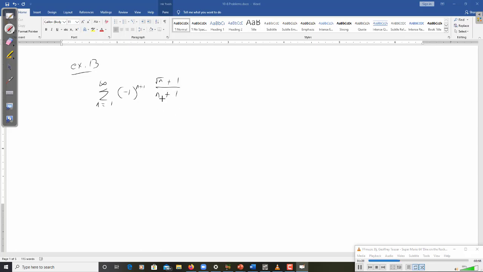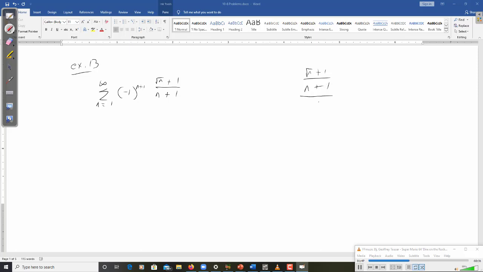Alright, first off, it is not absolutely convergent, because if we looked at just this and ignored the alternating series, this would basically be equivalent to a p-series. We could do this test: square root of n plus 1 over n plus 1 is equivalent to square root of n over n.